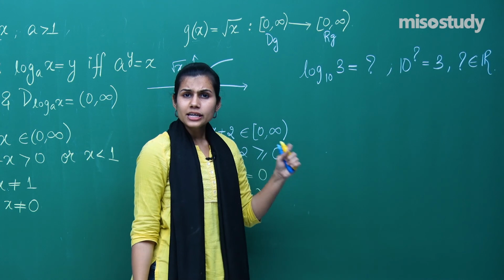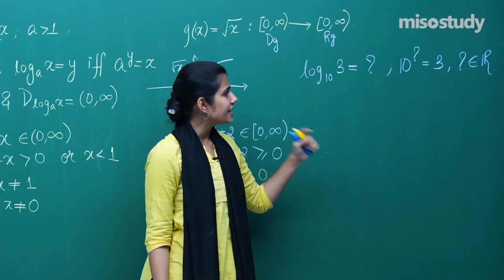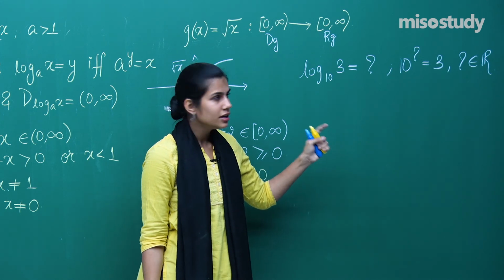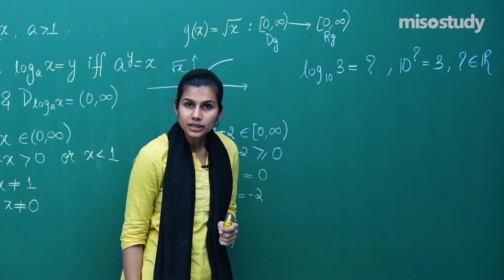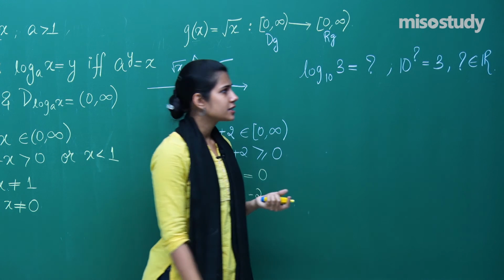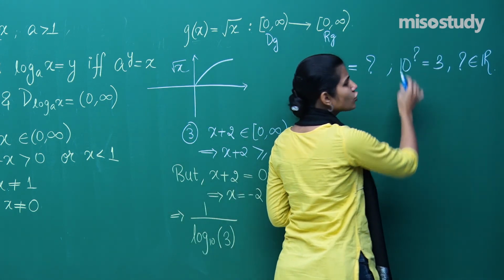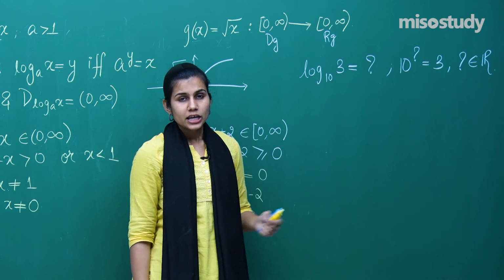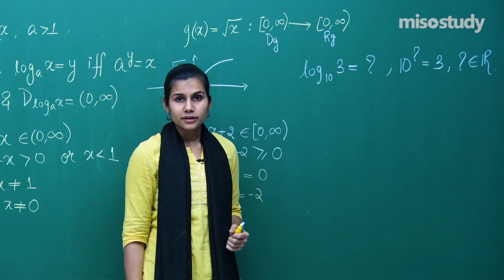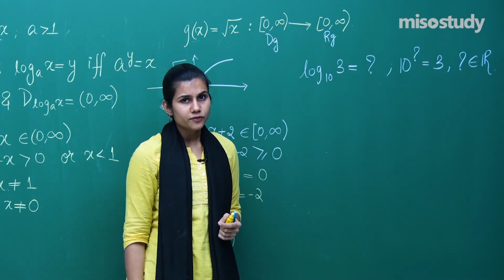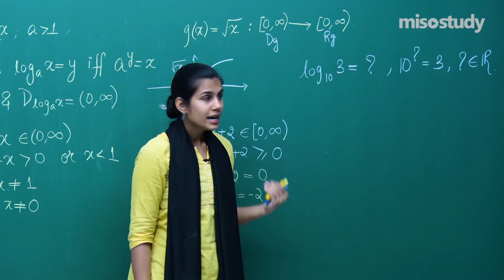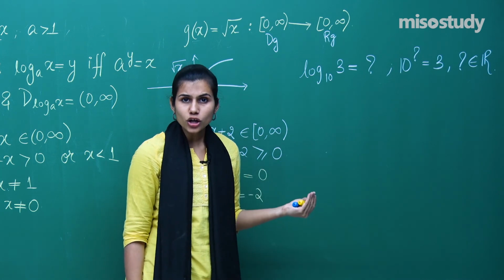Is there any real number corresponding to which if 10 is raised to that real number as power, you get the answer as 3? Of course not. If there are positive powers over here, you are going to get numbers strictly greater than 3. If you put 0, you get a 1. And if you put negative powers of 10, you get expressions even less than 1. And therefore, it is strictly less than 3 also.